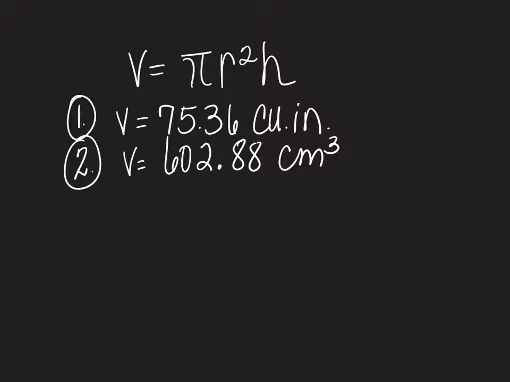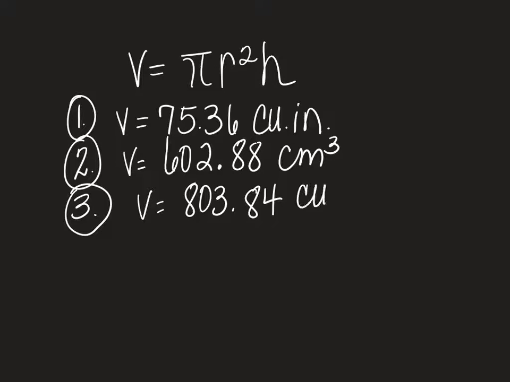Remember, when you're writing linear measurements, which is feet, yards, and inches, they are cubic inches, cubic feet. But if they're centimeters, meters, millimeters, it's centimeters, the number is cubed. Okay. Number three is volume equals 803.84 cubic feet.